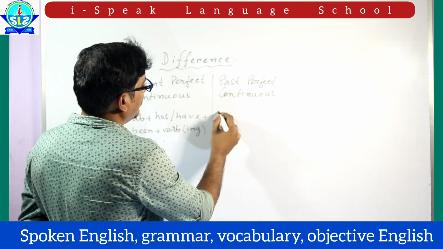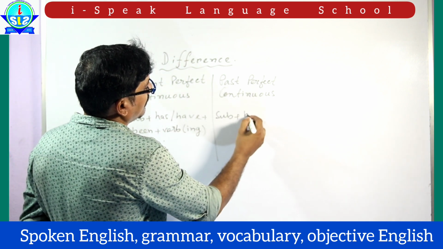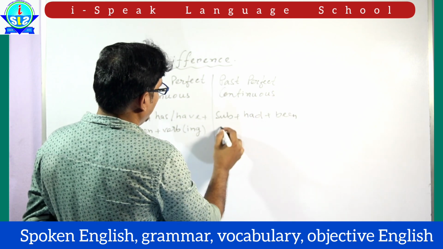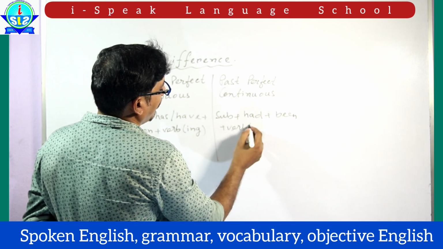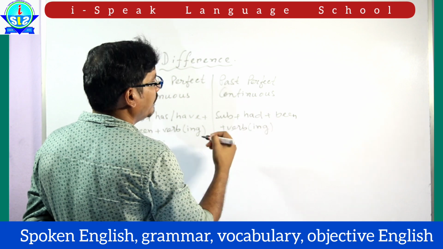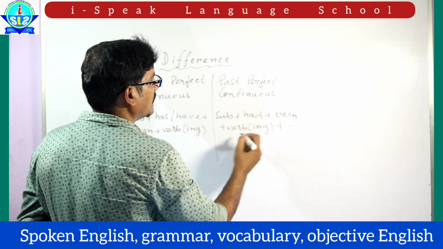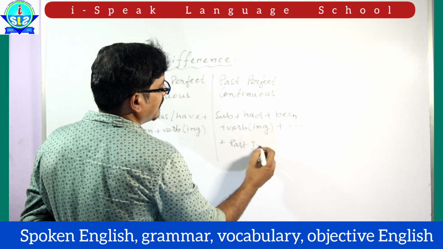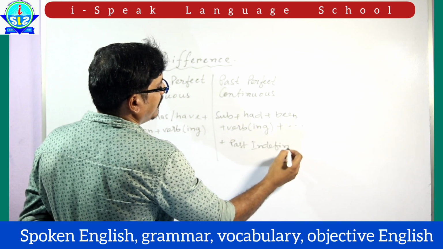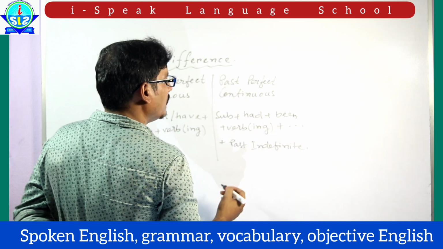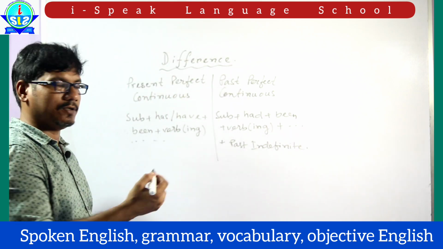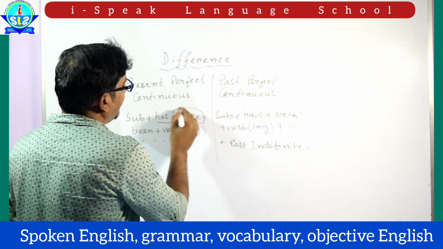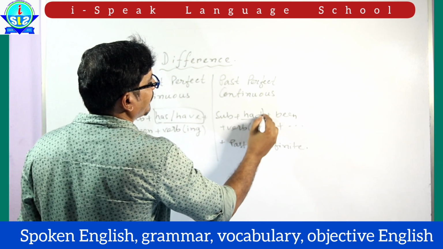And here, subject, then had, then been, then verb ing form, plus one past indefinite tense, another sentence can be used. Not always, but most of the time it is used. This is the basic difference: has and have, here had.